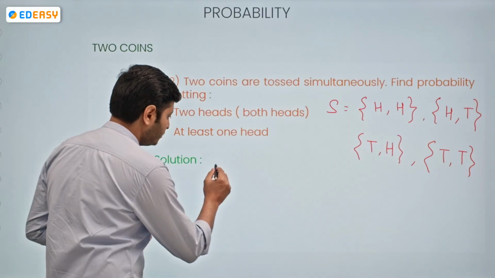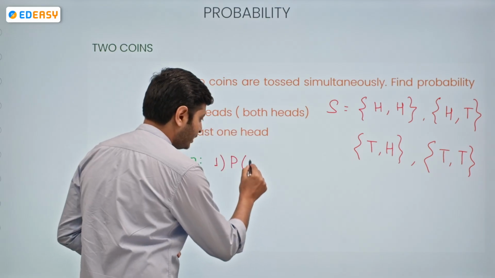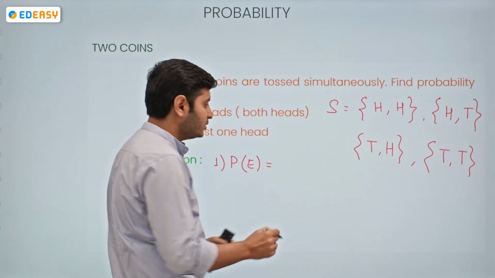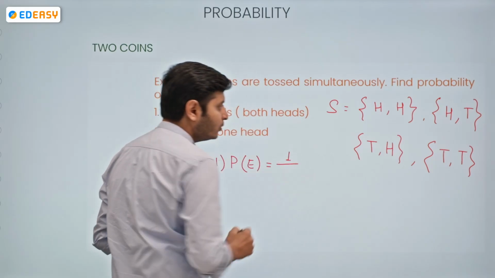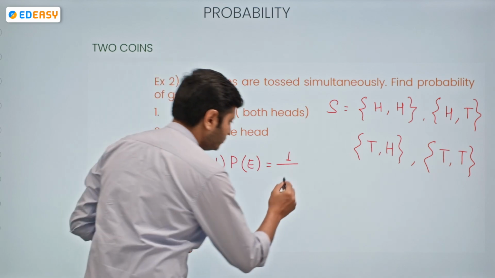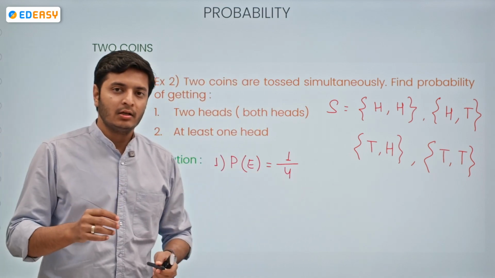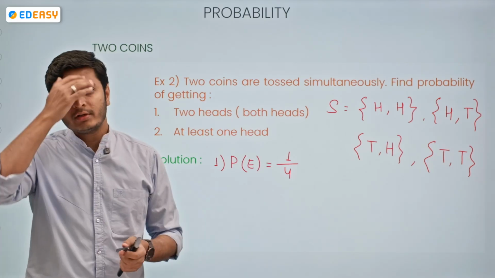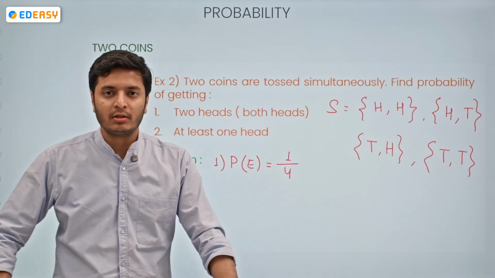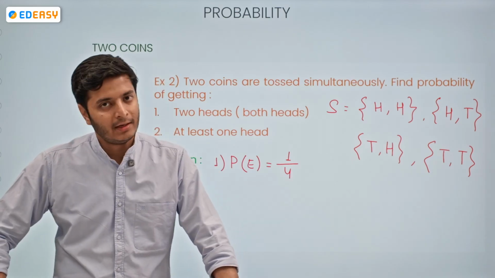So the probability of this event, I will go with E only for this, is the total number of favorable outcomes, 1, out of how many? 1, 2, 3, 4. So 4. So the probability of getting heads faced up on both the coins is 1 by 4, because 1 is the number of favorable outcomes and 4 is the total number of outcomes, correct?